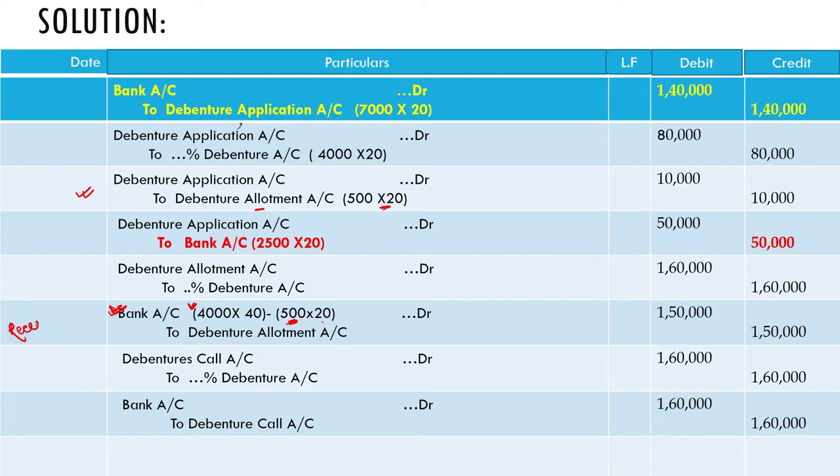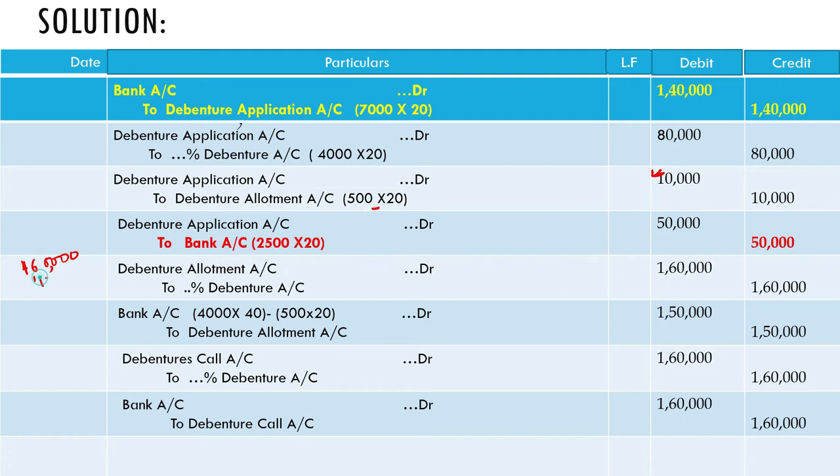Now after due entry, we are supposed to pass the entry for receipt of allotment value. So receipt entry for allotment value will be bank account to debenture allotment account. Let's calculate it. 1,60,000 was the value, 4,000 into 40, and out of that 1,60,000 we are supposed to deduct 10,000, that is 500 into 20, which was already received by the company with application money.